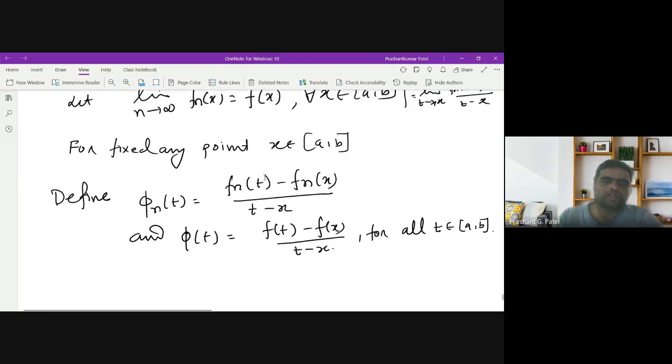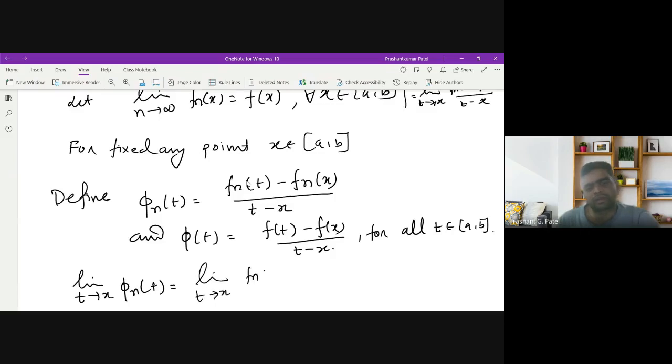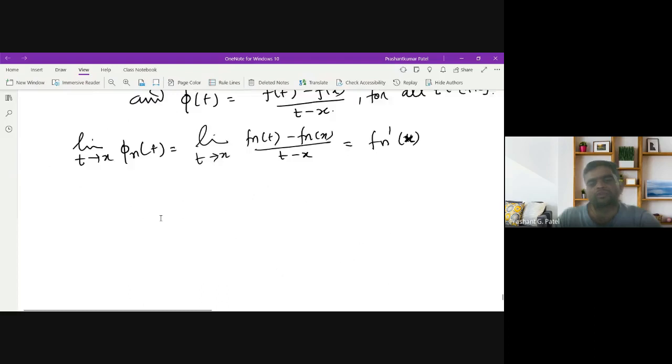If I take the limit t tends to x of phi n(t), that means the limit of (Fn(t) minus Fn(x)) upon (t minus x), this is nothing but Fn dash(x). So the ultimate goal is to prove that Fn dash(x) tends to f dash(x) as n tends to infinity.